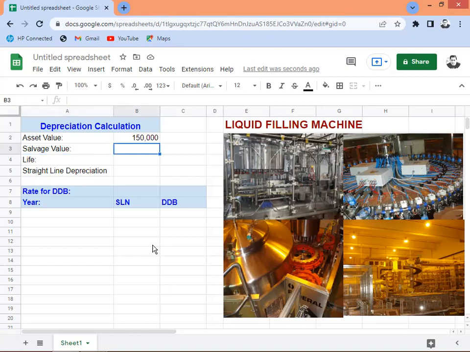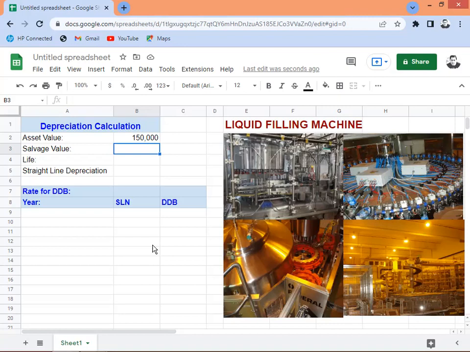What is the salvage value? Salvage value is the value of the machine when you reach the end of the life of the machine. It is the selling value after using it. Let's say you're going to depreciate the machine for the next 5 years. Then at the end of the fifth year, you're going to sell it. So how much would be the value of that machine if you sell it to the market as a used machine?